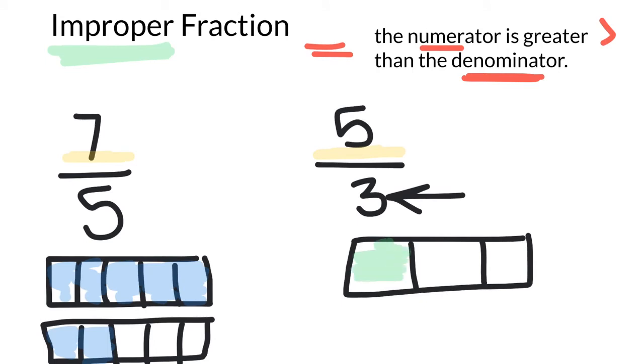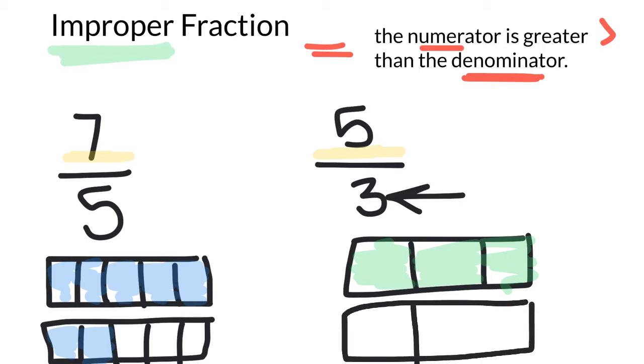So far I have 1, 2, 3. So I must draw a second bar so that I can get to 5/3. I've already colored in 3, so now I have 4, 5. And there's an example of what 5/3 looks like.